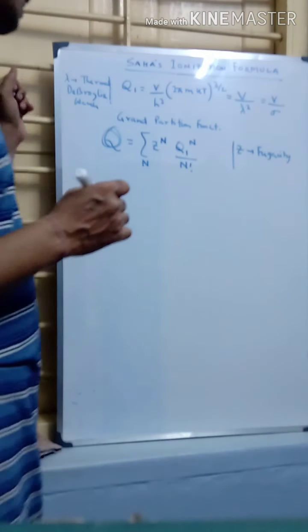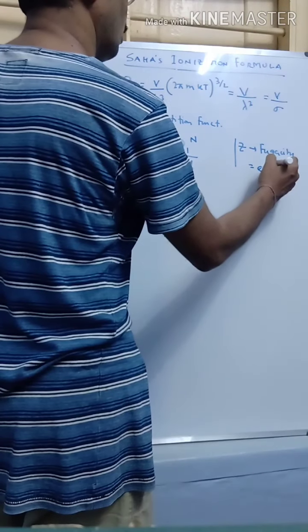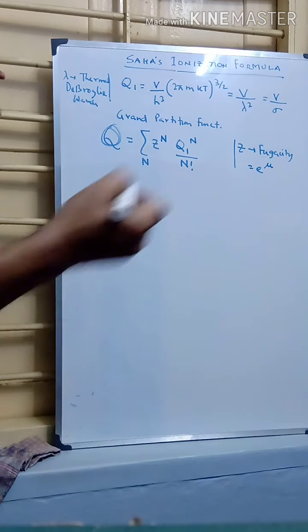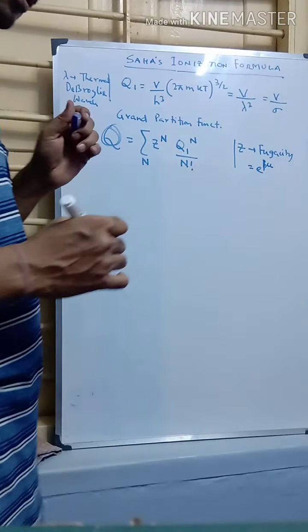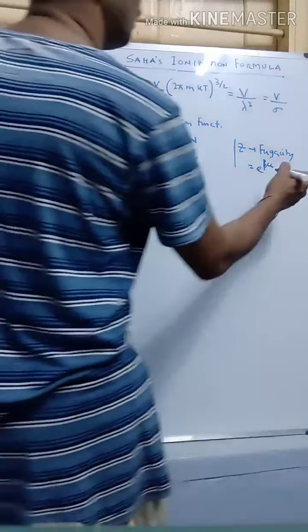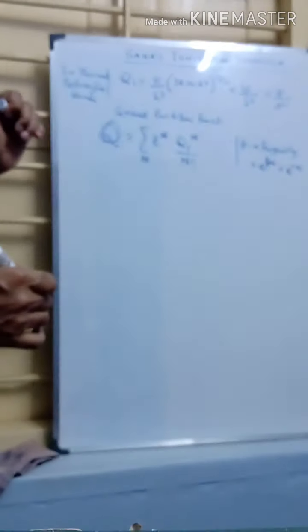We can write z as e to the power beta mu, because it was e to the power minus alpha, which is equal to e to the power plus beta mu.